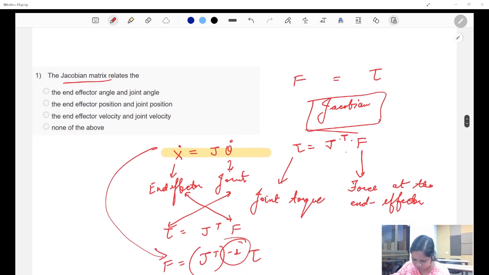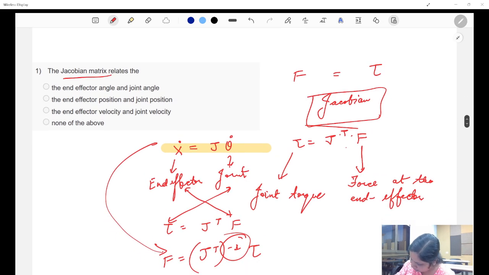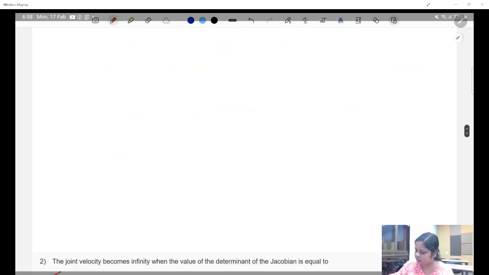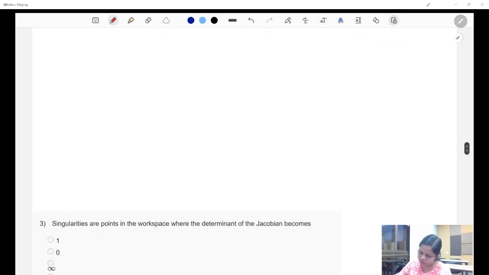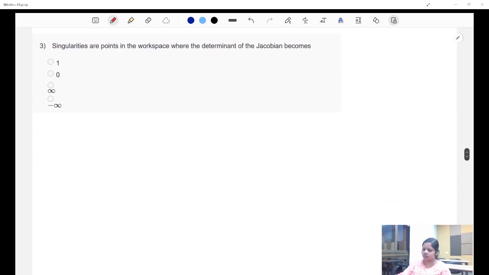Okay, in this case I did not tell you the answer, right? End effector velocity and joint velocity. Okay, let's move to the third question. Singularities are points in the workspace where the determinant of the Jacobian becomes what? This is also a similar type of question.